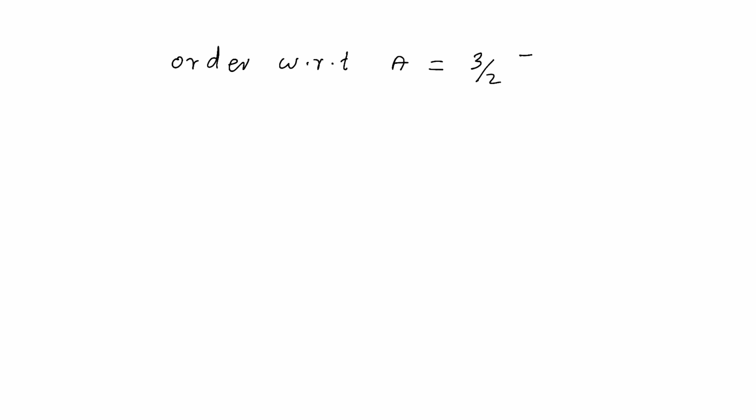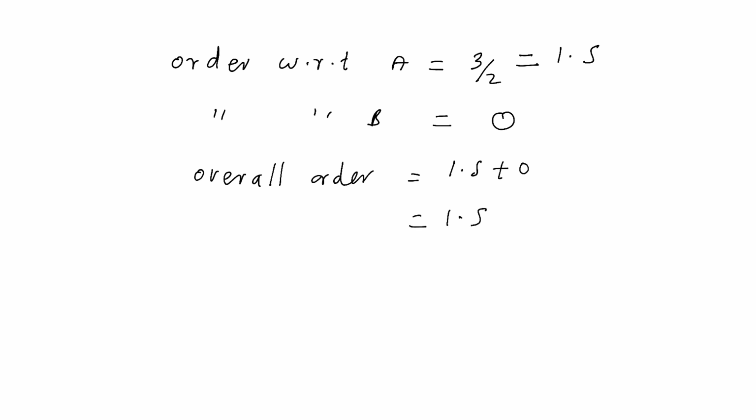You can either write 3 by 2 or 1.5, both are okay. With respect to B, order with respect to B is 0. Now the overall order of the reaction, what is that? Adding this, right? 3 by 2 plus 0 or 1.5 plus 0. So that is 1.5. That's it. Hope all of you understand.